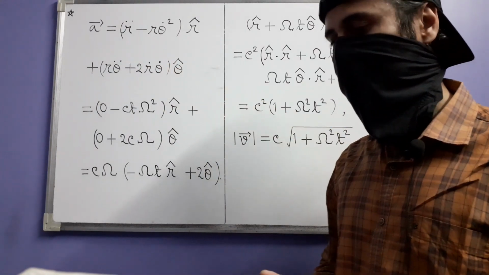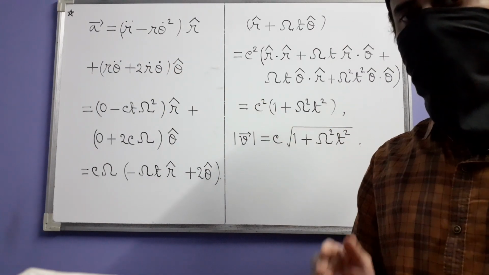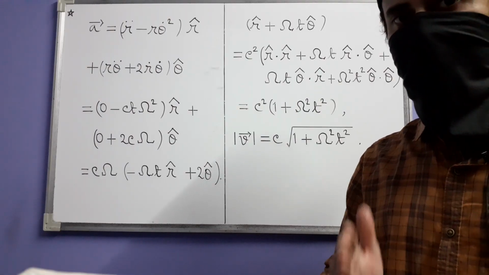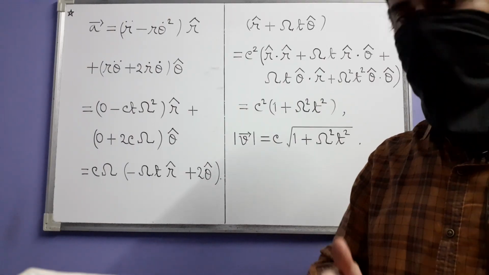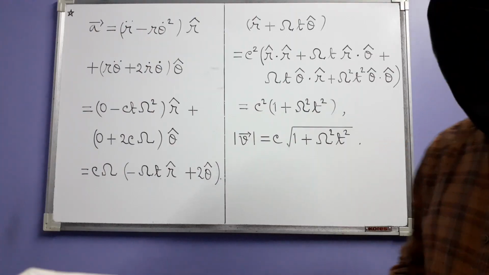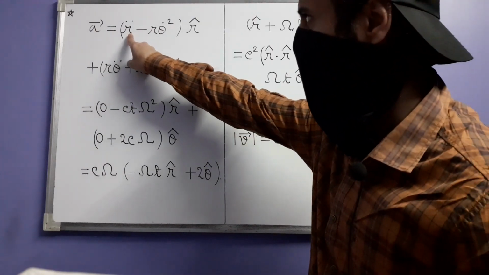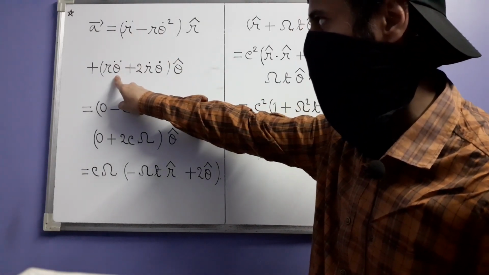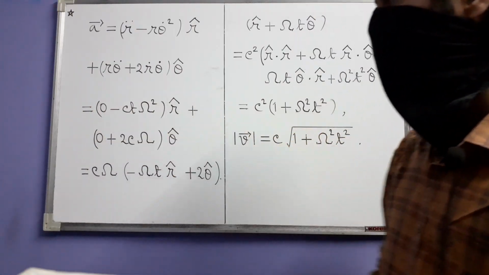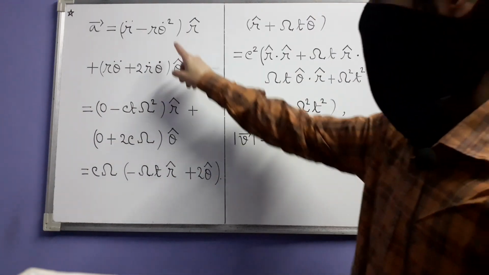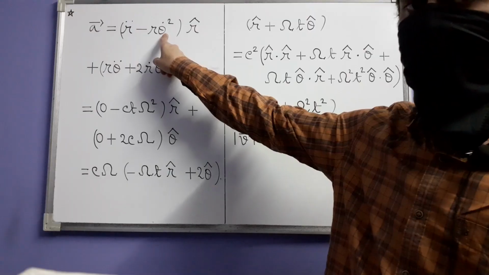Now also, what is r? R is ct, where c is a constant, and theta also is omega t, where omega is constant. So the second derivatives of these quantities with respect to t are 0. And what is theta dot? Theta dot is omega.